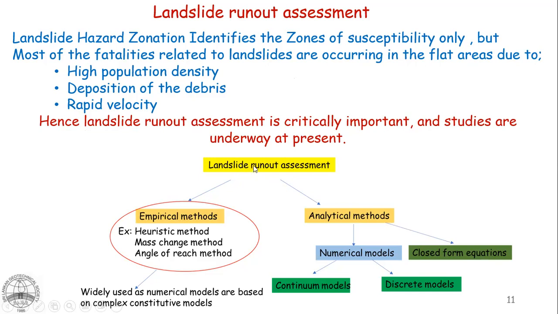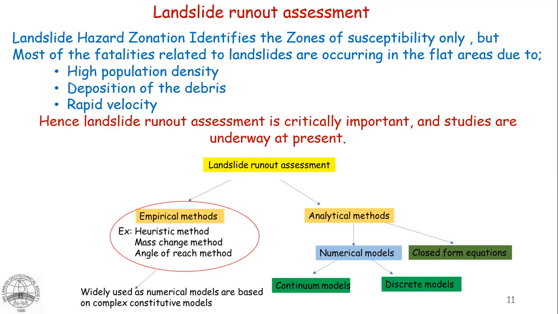So the runout assessment can be done empirically. There are some empirical methods currently we are testing out, or analytically by closed form equations, or by numerical models. So this study is currently going on. For the recent landslides, we know the initiation area and we know the runout area.